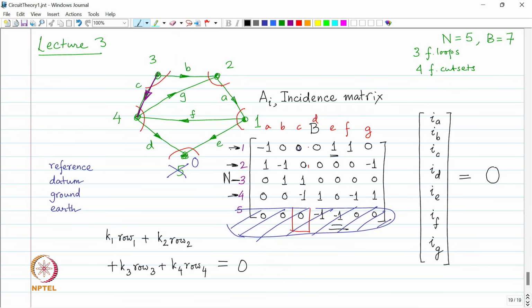Okay, if I can do this, then it is linearly dependent. If I can't possibly do this, then it is linearly independent, or if k 1, k 2, k 3, k 4 all have to be equal to 0, right, then it is linearly independent. Fine. So, this is the test for linear independence. So, let us try to find out k 1, k 2, k 3, k 4. Can you prove that you can't possibly do this?